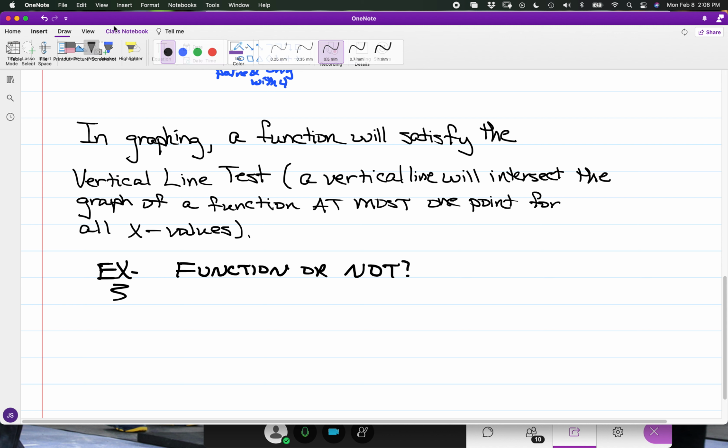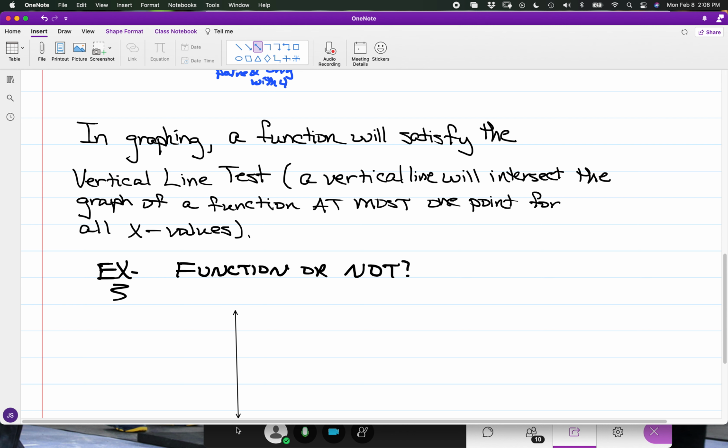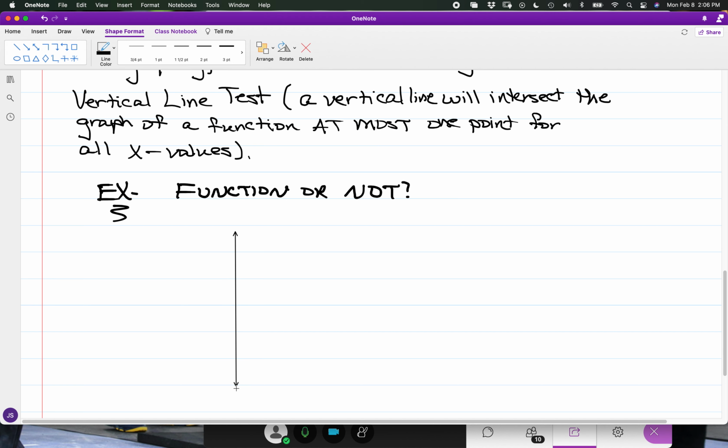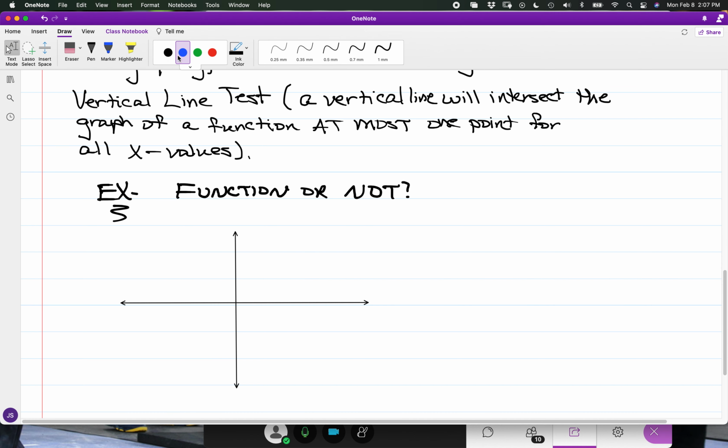I'm taking the xy coordinate system, so you have the x-axis and y-axis. The x-axis is a number line that runs horizontally. The y-axis is a number line that runs vertically. And I'll just go ahead and copy this.